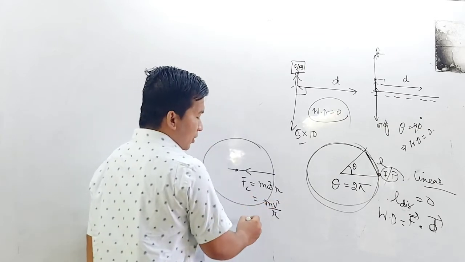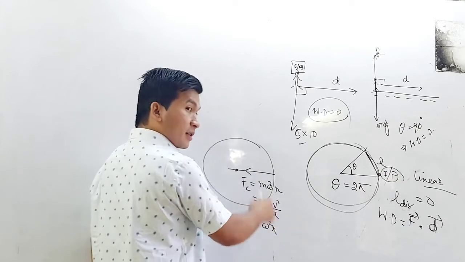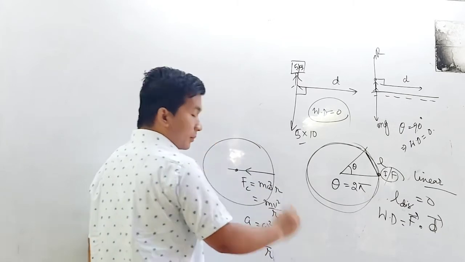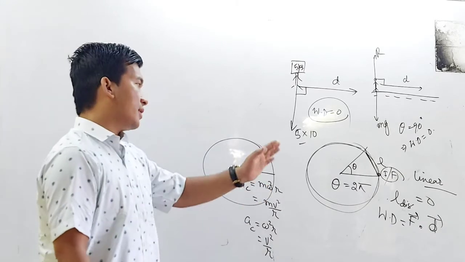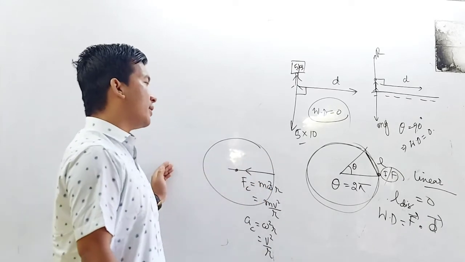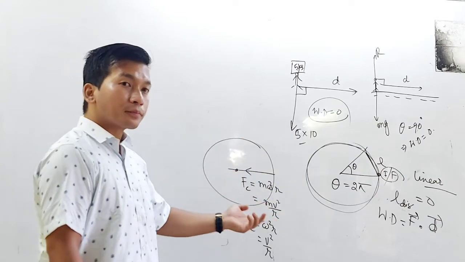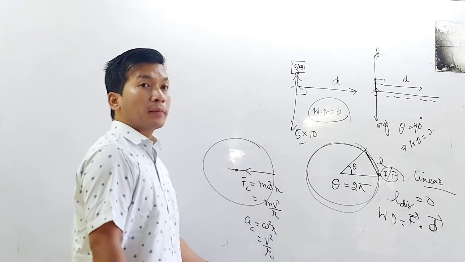That is, your centripetal acceleration will be omega square r, provided that r is the radius, and this will be v square by r. Understood? Your centripetal acceleration is the acceleration that acts towards the center. If the acceleration is multiplied by mass, it will be force.